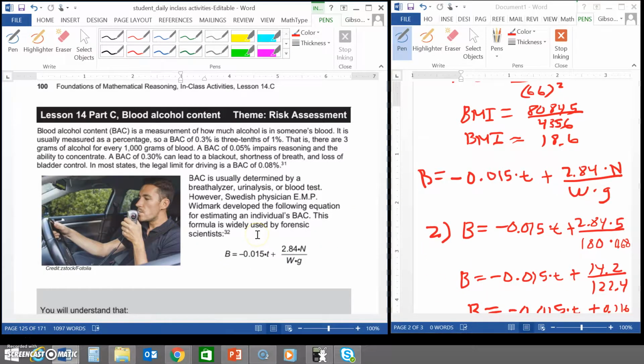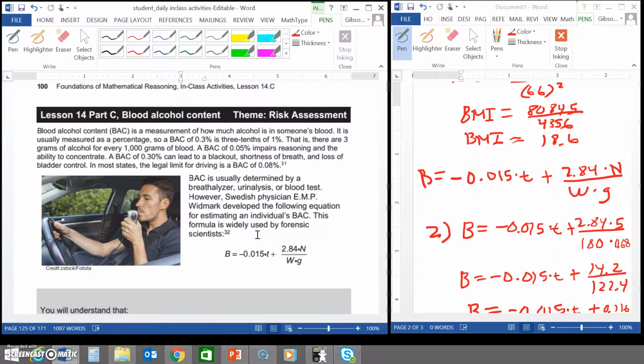Now, class, we move on to lesson 14, part C, with the blood alcohol content, or BAC. It is a measurement of how much alcohol is in someone's blood, usually measured as a percentage. So a BAC of 0.3% means there are 3 grams of alcohol for every 1,000 grams of blood.